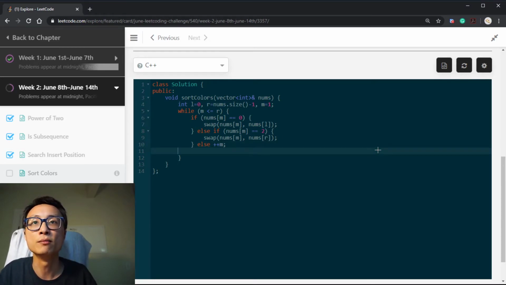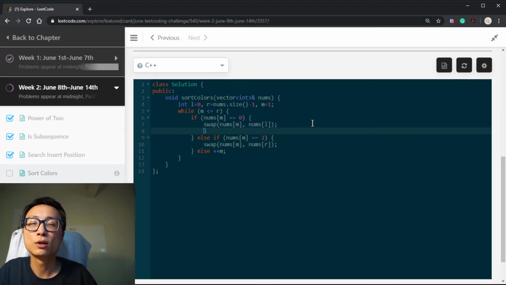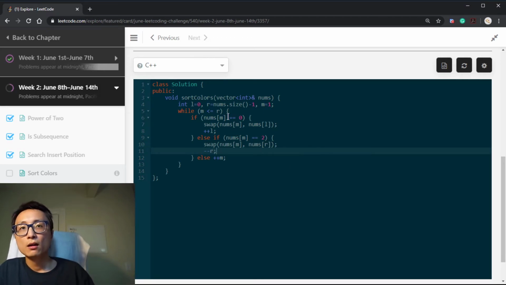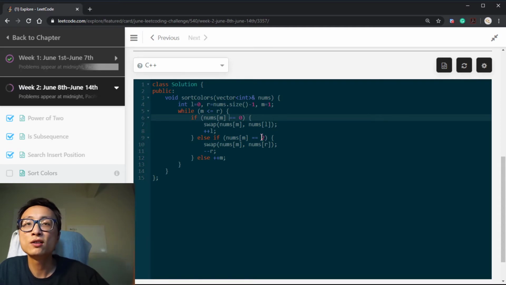We increment the m. Of course, in either one of these swaps, if we put a 0 at the location L is pointing to, we have to increment L. If it's a swap with the right-hand side, we have to decrement R. The only problem is how we update m inside these two branches. If it's not 0 but it's 2, we swap with the right-hand side.